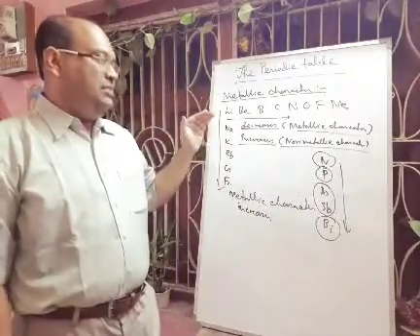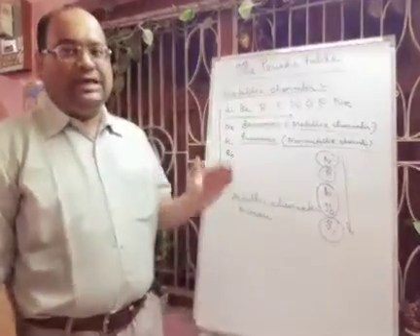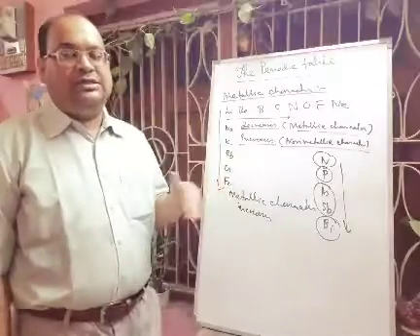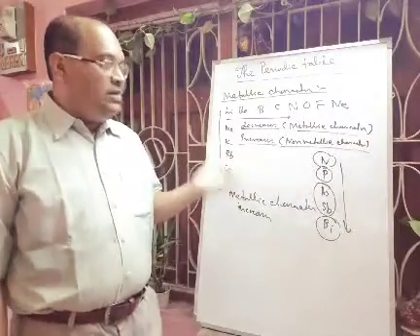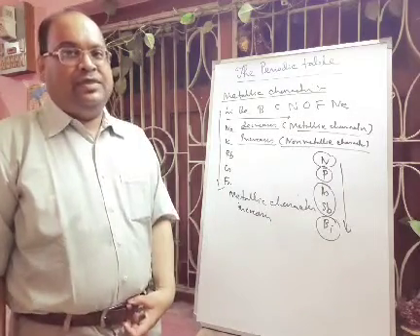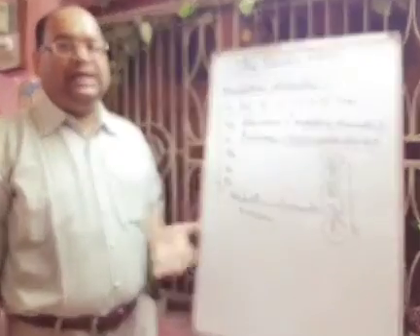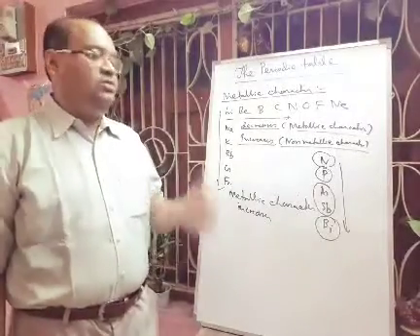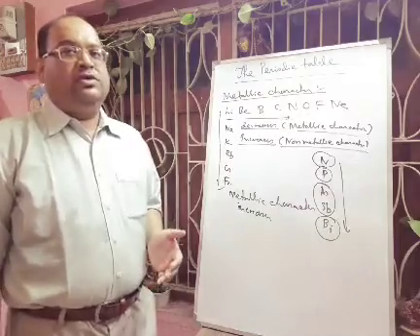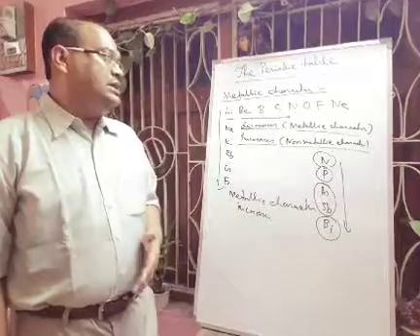So basic character decreases, and non-metal oxides are acidic, so acidic character increases. Hope you can understand. And in a group, we have already discussed that the basic character of oxides increases from top to bottom. So in this way, you have to remember this thing.